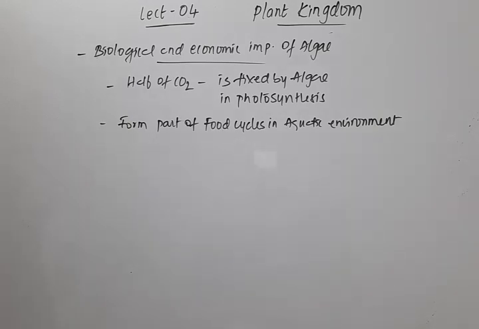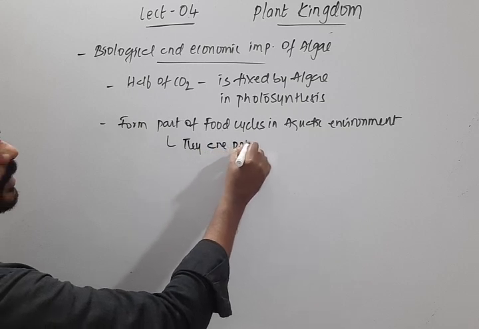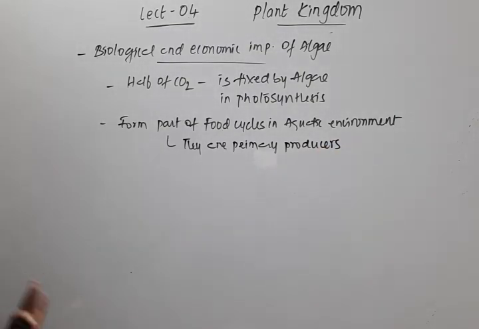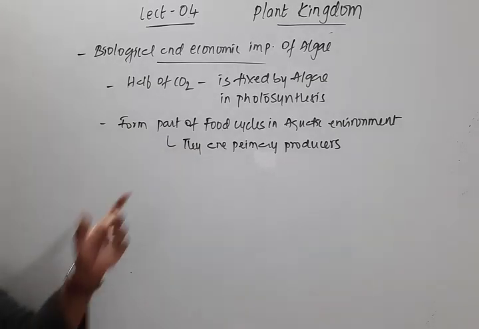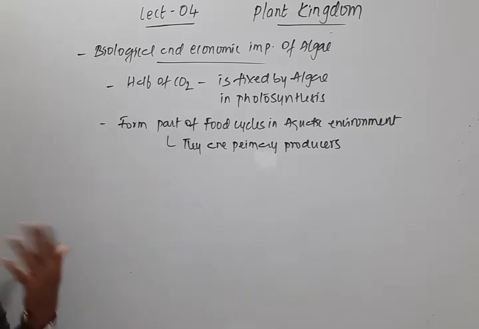So there they act as primary producers. Producers are all plants that synthesize food materials by photosynthesis. These primary producers will be food for other organisms, which may depend directly or indirectly on these algae.